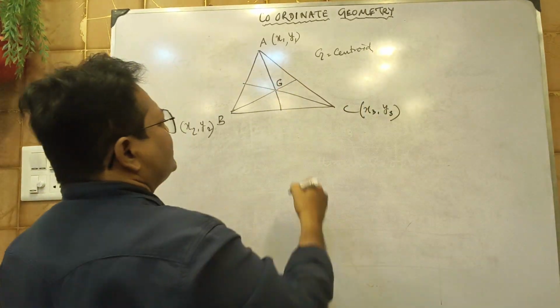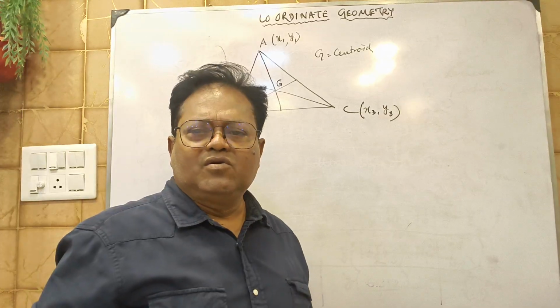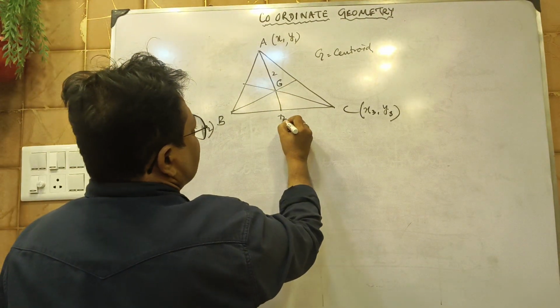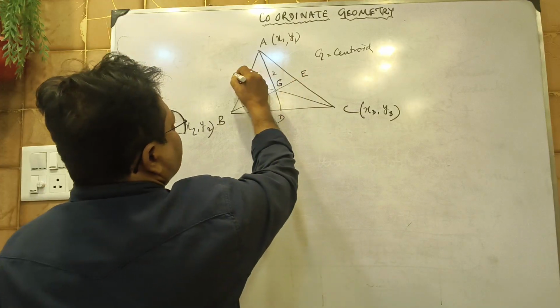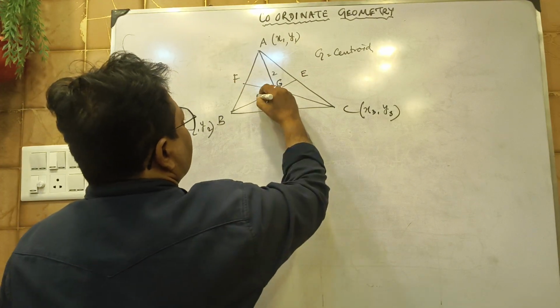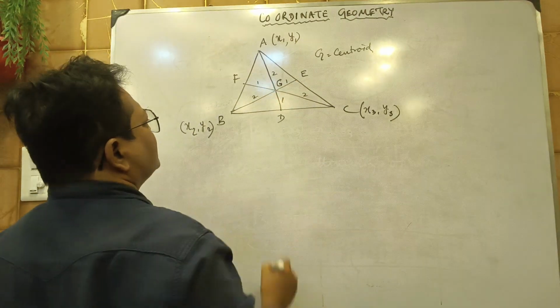Each median is divided by the centroid in the ratio 2 is to 1. That is, AG to GD, and likewise for the other medians, is 2 is to 1.